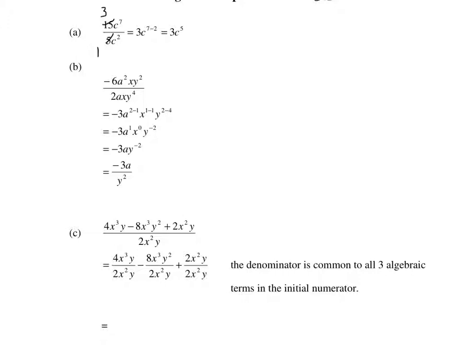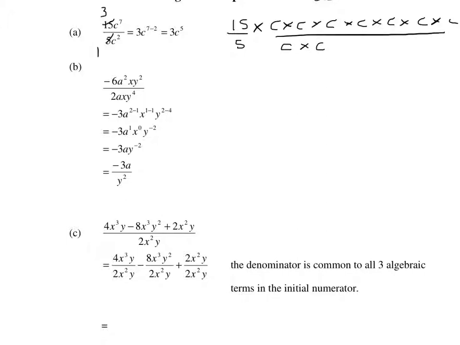And we can do this longhand if you would like to, and that's 15 over 5 times c written 7 times. How many times is that? 1, 2, 3, 4, 5, 6, and once more, divided by c squared, which is c times c.